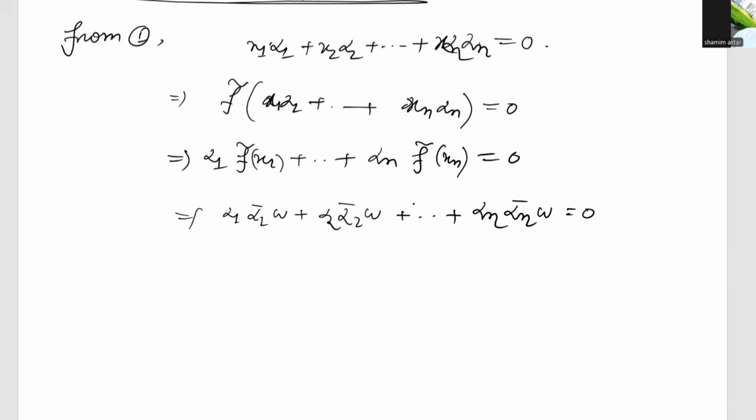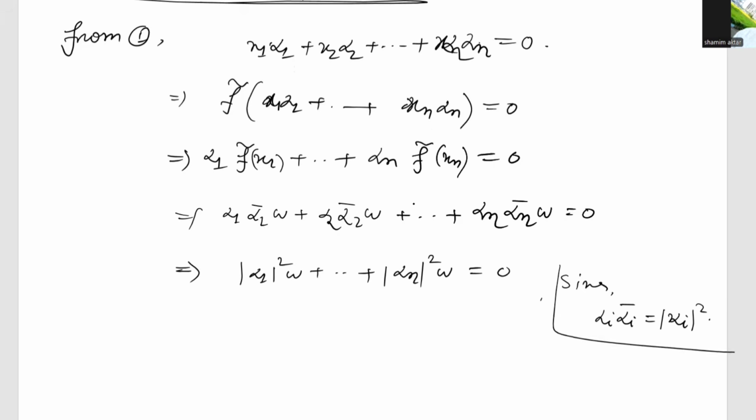So this implies mod of alpha 1 squared times w plus ... plus mod of alpha n squared times w equals 0, since alpha i times alpha i conjugate equals mod of alpha i squared. So this implies mod alpha 1 squared plus ... plus mod alpha n squared, times w, equals 0.